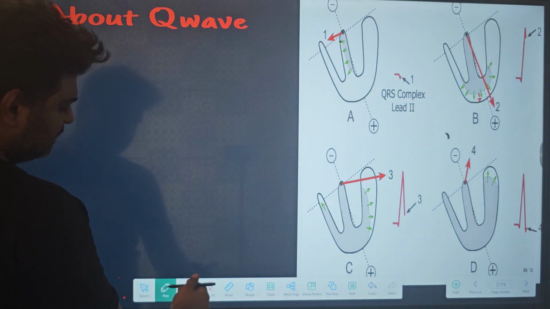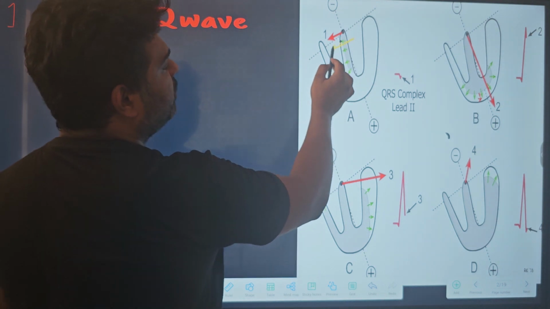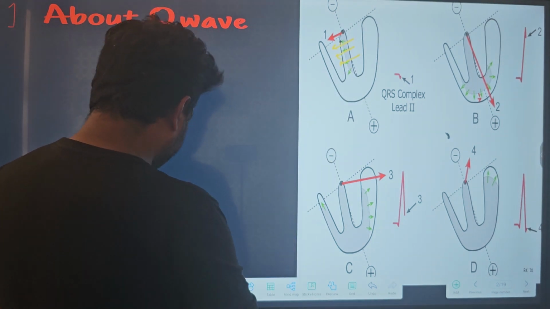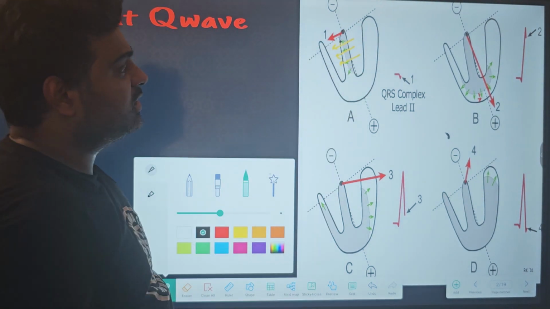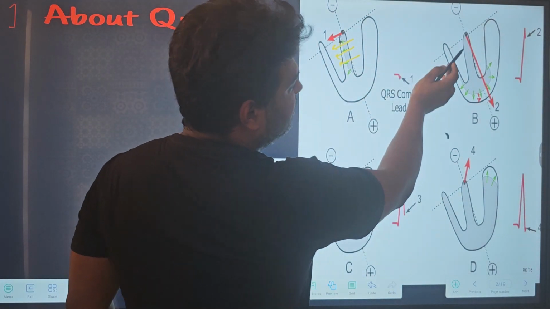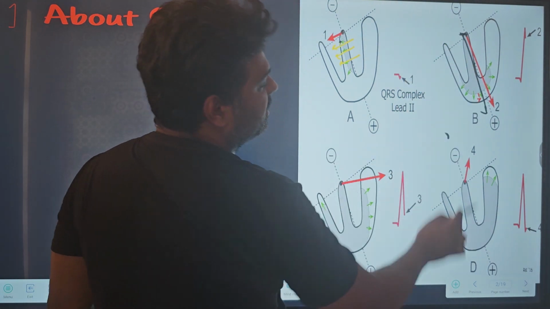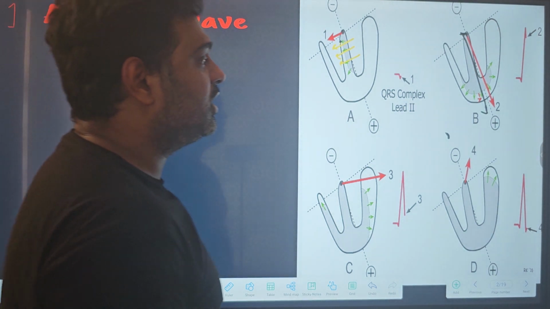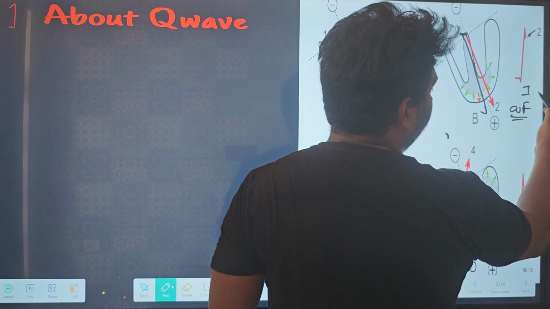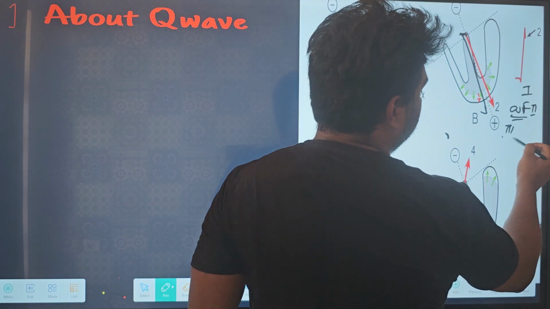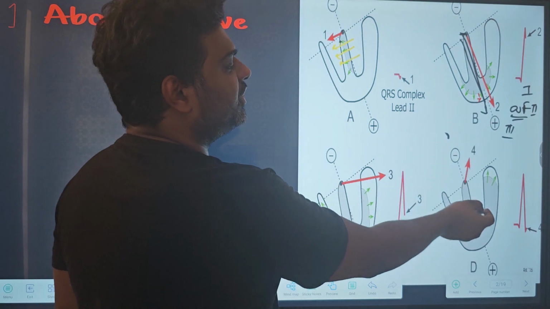Initially, the normal direction is from left to the right, because of which we get a Q wave. So once septal depolarization occurs, the next wave of depolarization is in this direction, that is from the base towards the apex. Therefore, if we take, for example, lead aVF or even lead 1, lead 2 or lead 3, this direction of depolarization is towards the lead, so they will record a positive R wave.